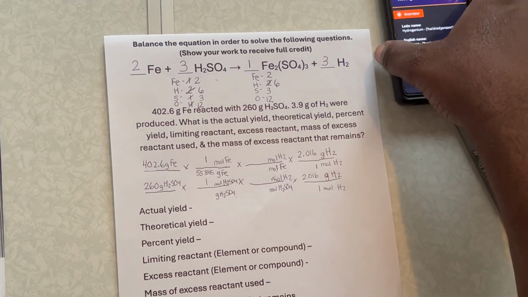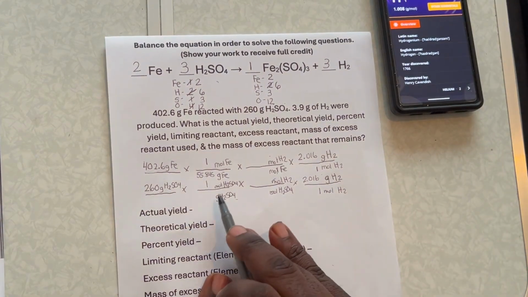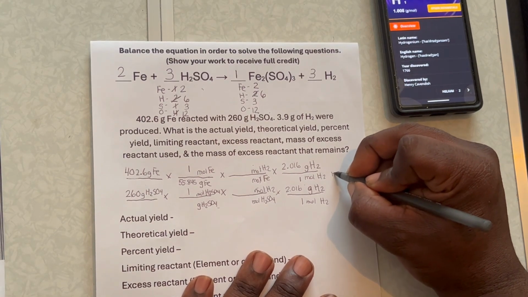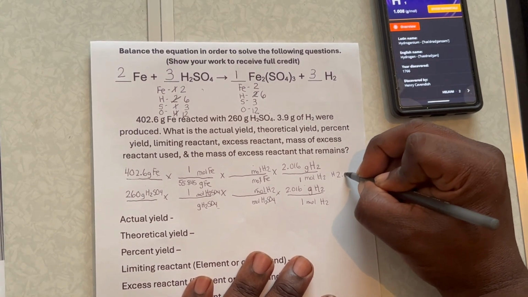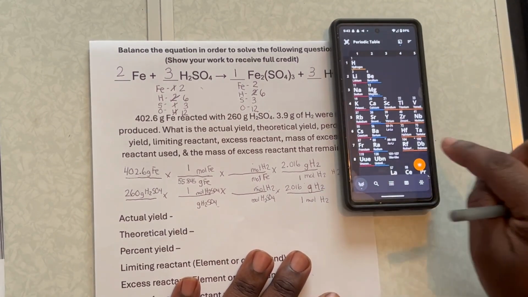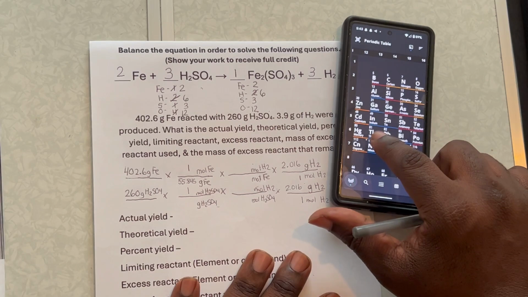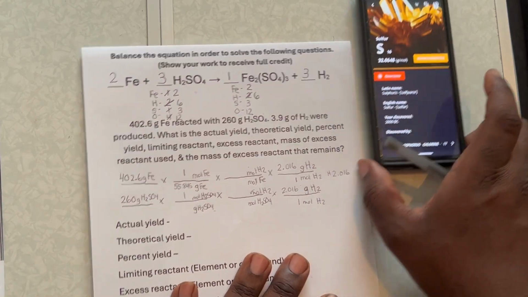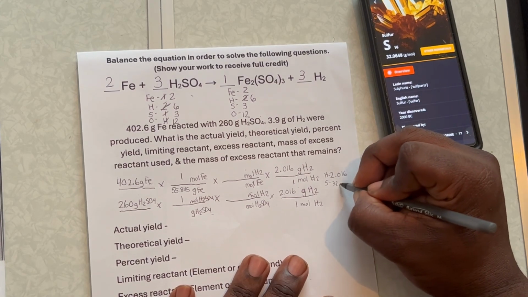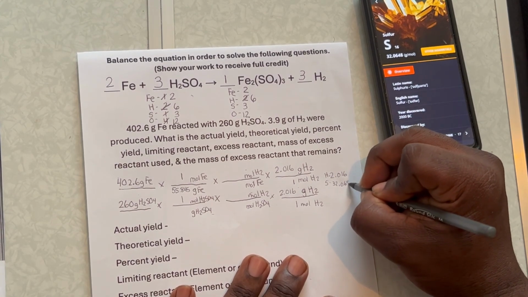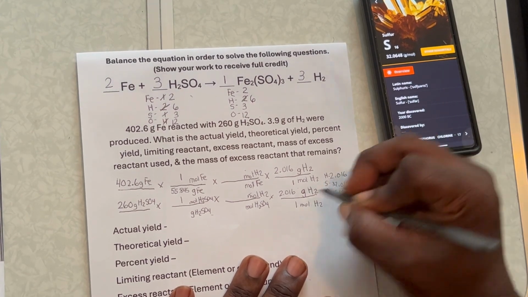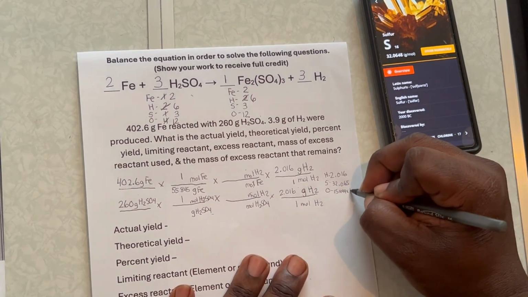To calculate the molar mass at the bottom for sulfuric acid, I know H2 is 2.016. S on the periodic table is 32.065, and O is 15.999, and there are 4 of them, so times 4.